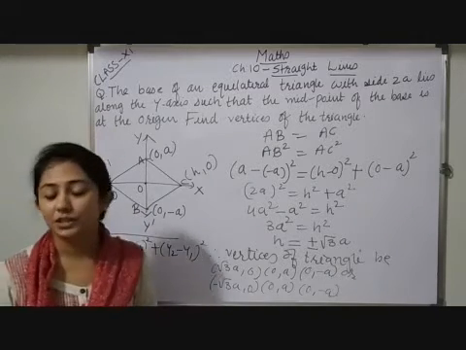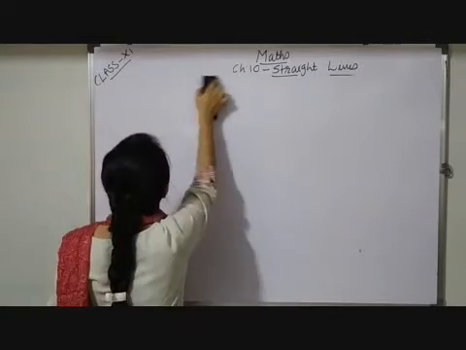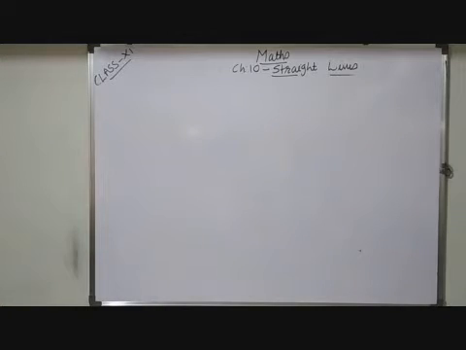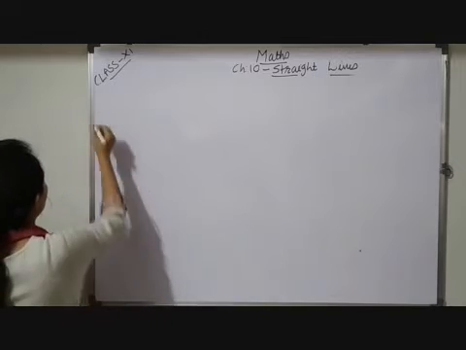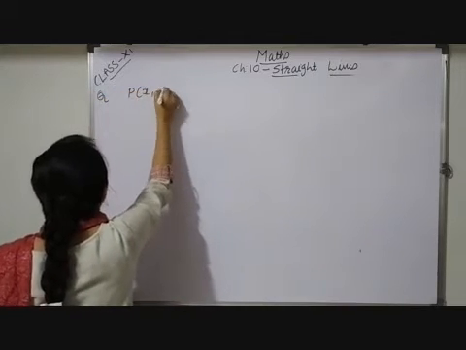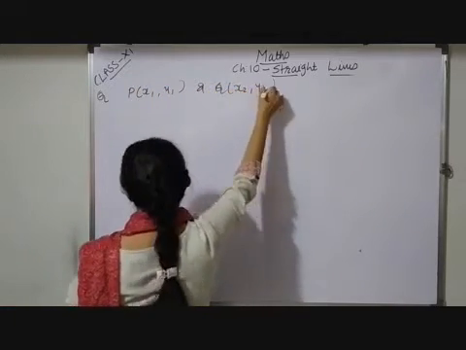Here, one more question based on this distance formula I want to discuss. Now, children, the next question is here. Find the distance between P (x1, y1) and Q (x2, y2).